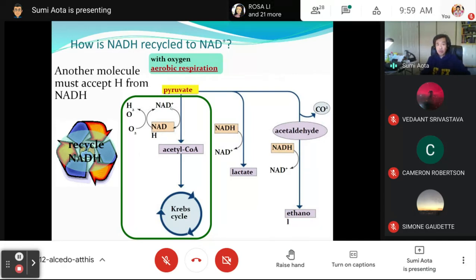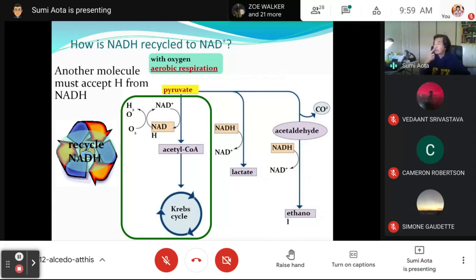You're going to go into the mitochondria, and we'll talk about all of this. But what this does is you're going to transfer, ultimately, the hydrogens in NADH to oxygen. Oxygen becomes water, and the NAD plus is regenerated for another round. That's if you have oxygen available.